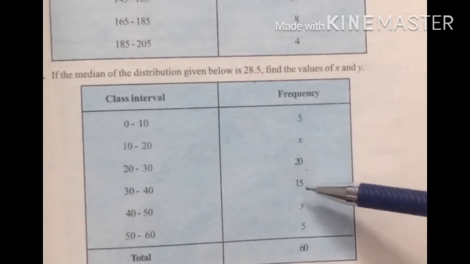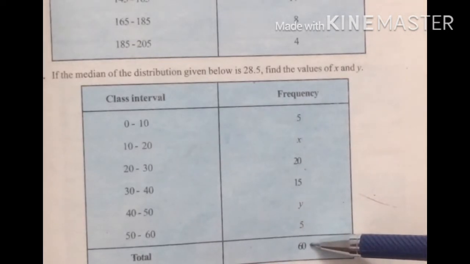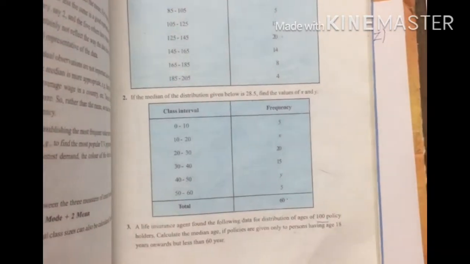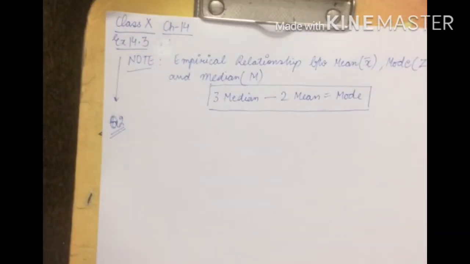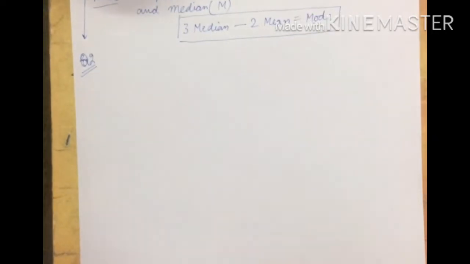X and y are a couple of missing frequencies. The total of the frequencies is also given. So let us see how we have to do this question. Note down the table first of all in your notebooks and proceed with the steps you would normally follow to find out the median. So let's note down the classes.